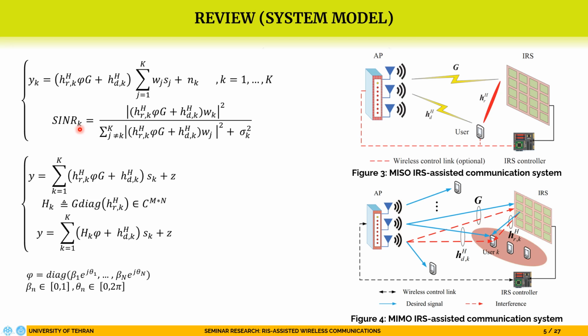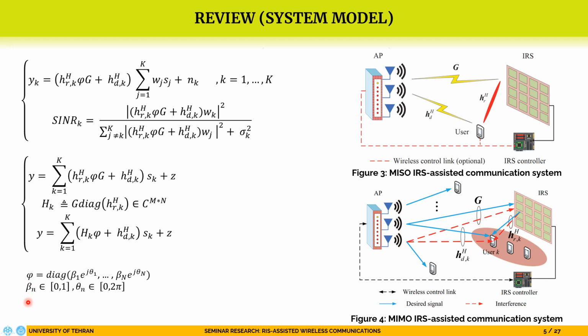Signal to interference plus noise for user K is written here, and we said that h_k is named the effective channel or cascaded channel in IRS-assisted wireless networks, which equals G multiplied by the diagonal matrix of h_rk Hermitian. This channel is the effective channel.